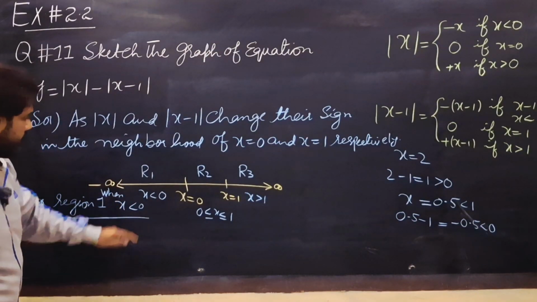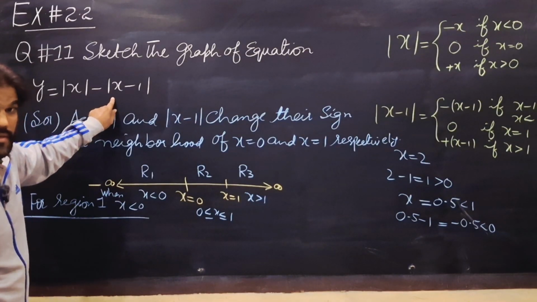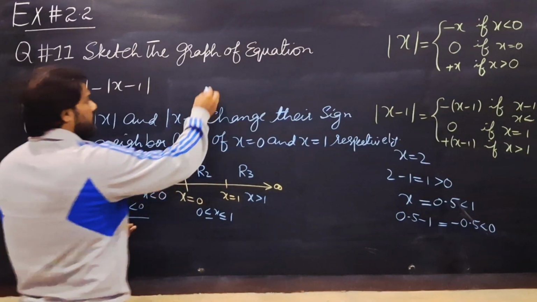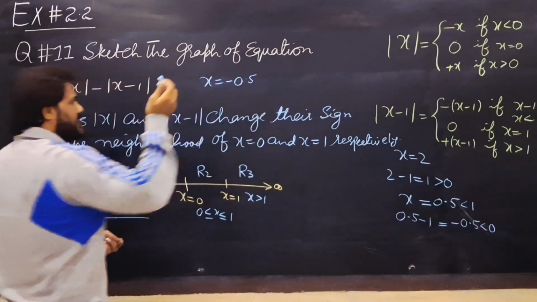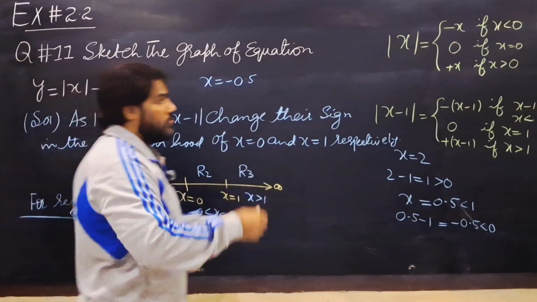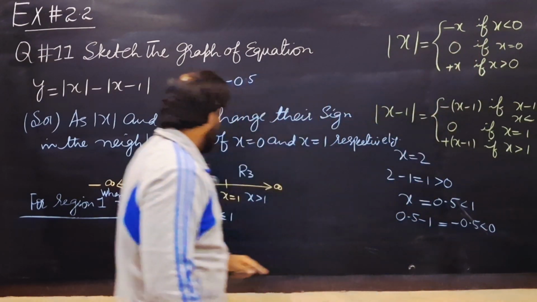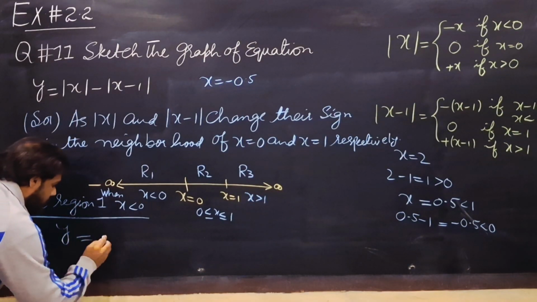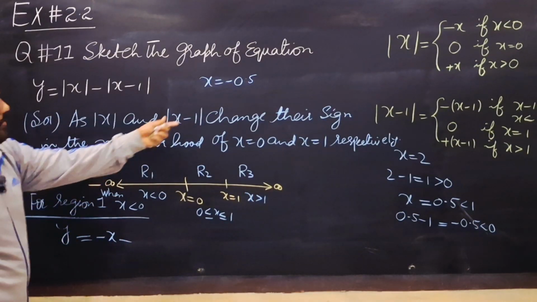if you take any number which is less than 0 and check the behavior of these two values, whether they are positive or negative. For example, suppose you take x equal to minus 0.5. Clearly |x| gives a negative value, because when x is negative, the answer is minus x. So for this case, y will be negative x minus the second term.